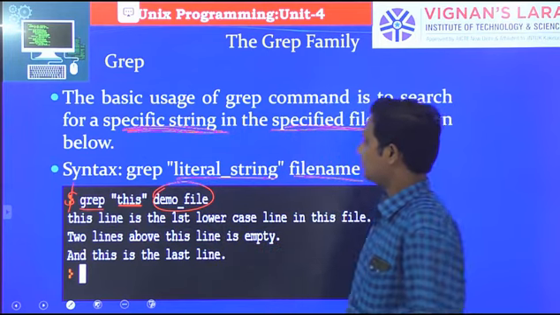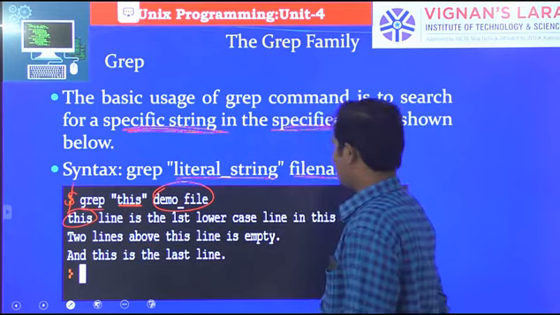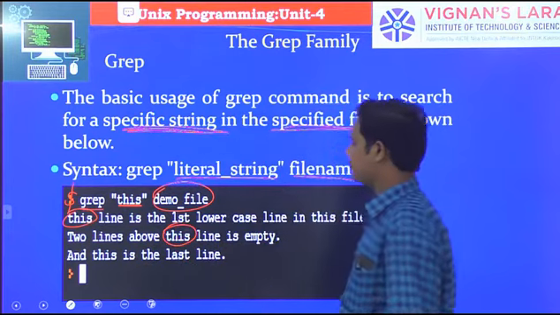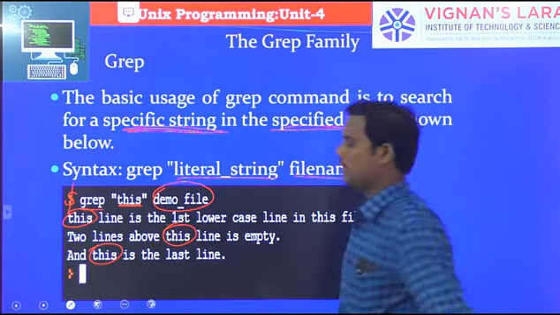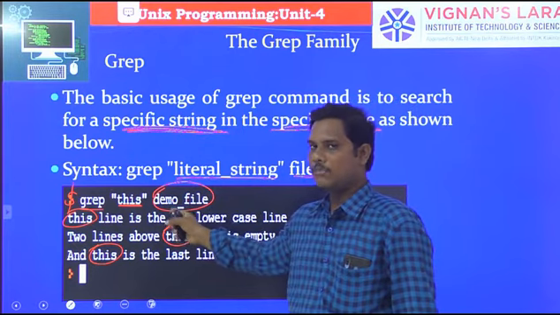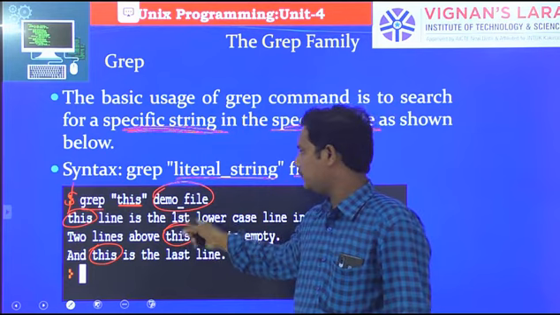You can see grep, space, this pattern, then the demo file. Here this pattern is there, so this line will be displayed, and this one is there, so this line will be displayed, and this one as well. You observe it, all are small letters, lowercase letters. Okay, so they will be displayed.